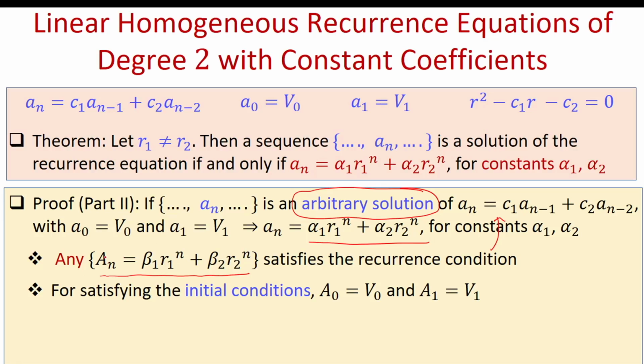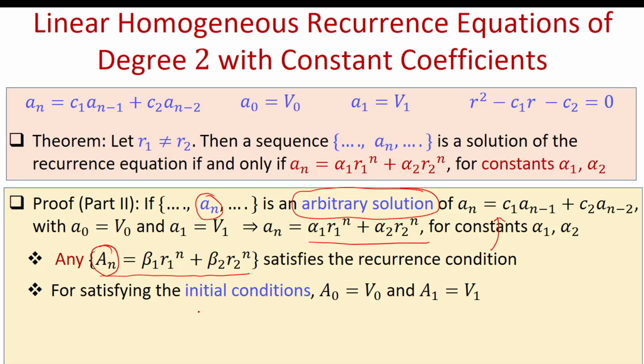The sequence whose nth term is capital A of n is a sequence which is different from the arbitrary solution whose nth term is this small a of n, right? The nth term of the sequence whose nth term is beta 1 times r1 power n plus beta 2 times r2 power n is denoted by this capital A of n. Okay, we know that this satisfies the recurrence condition.